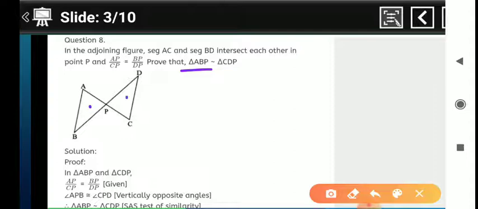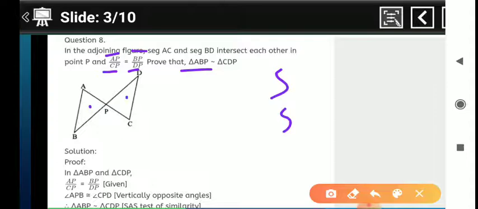So these two triangles we have to prove are similar. Now see in the question, two sides are in proportion, that is AP and BP of the first triangle and CP and DP of the second triangle. So we have a test like this.